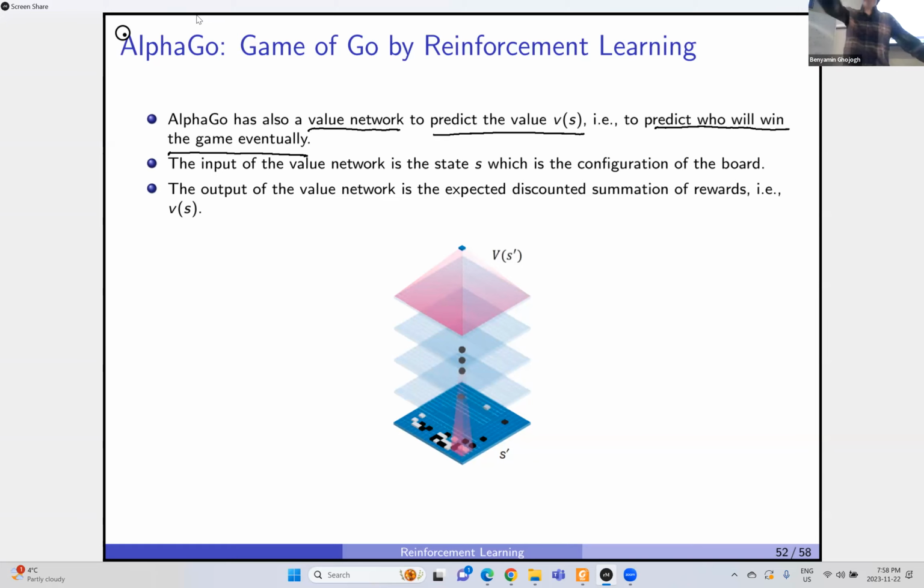Because assume you are playing a chess game. If you are not in a good situation, you will say, let's resign, hopefully the other person accepts. Otherwise, you might lose. That's why either you predict that you lose and you don't continue, or you resign, or you say, can we have a draw? So the value network can be used for that.